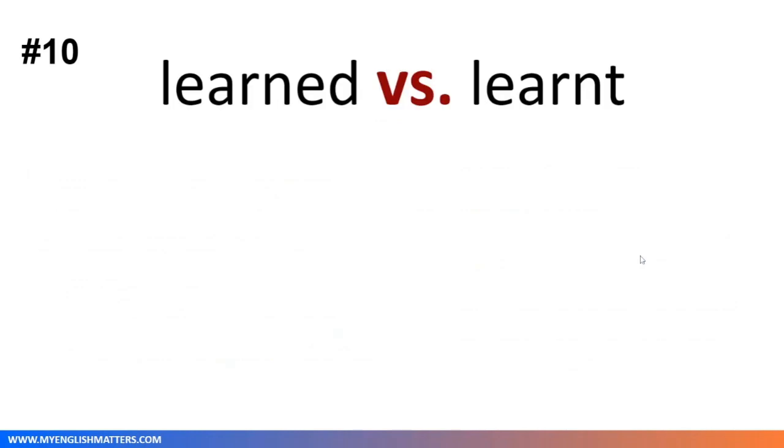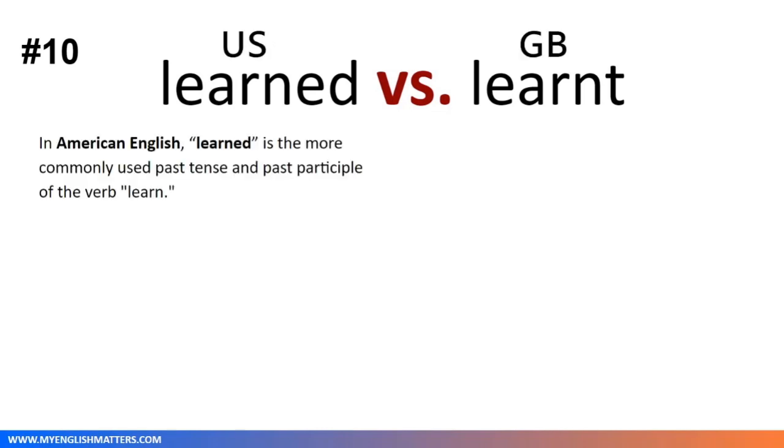All right. On to our last pair. Learned or learnt. Now let's take a look at learned. So in American English, that is the preferred way of spelling this word.